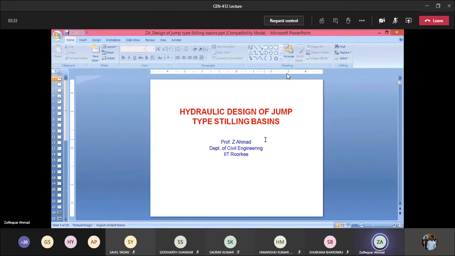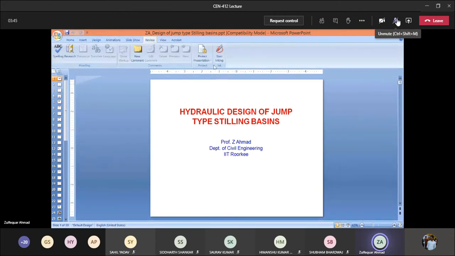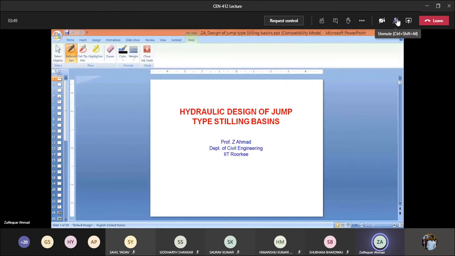Could you see this slide? Okay. So we'll discuss today this hydraulic jump type of the stilling basin, right? And the today's discussion is of this hydraulic jump type of the stilling basin.